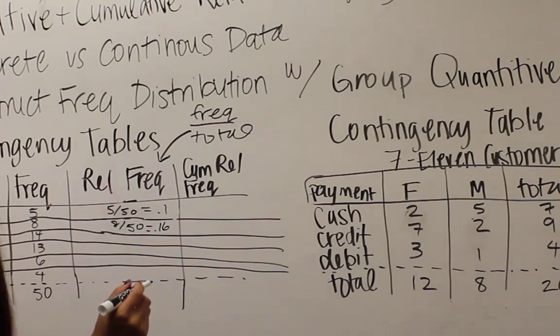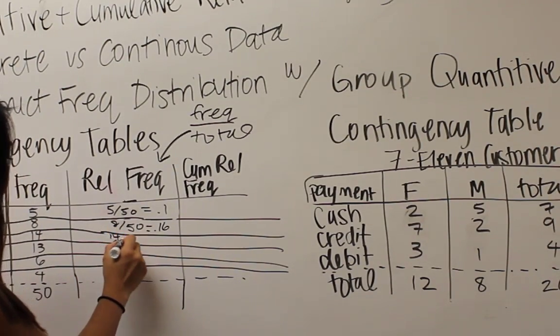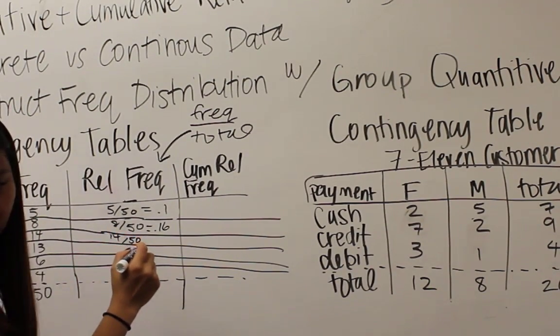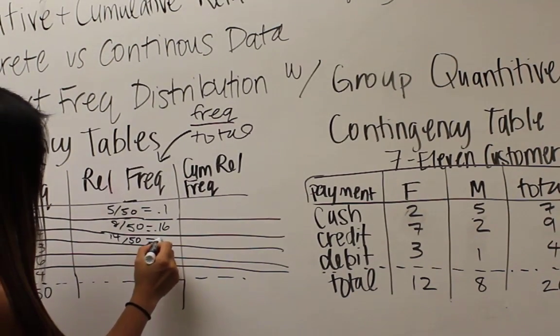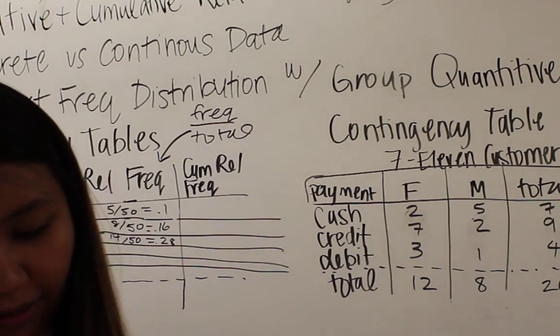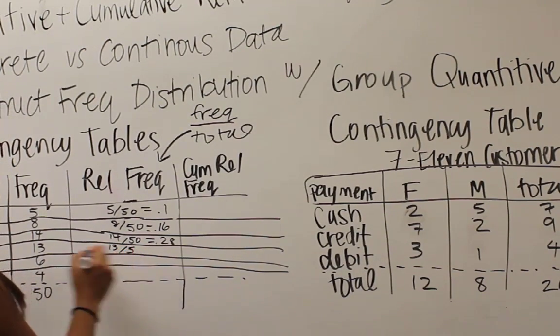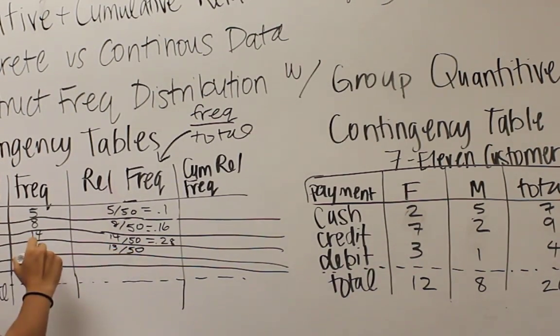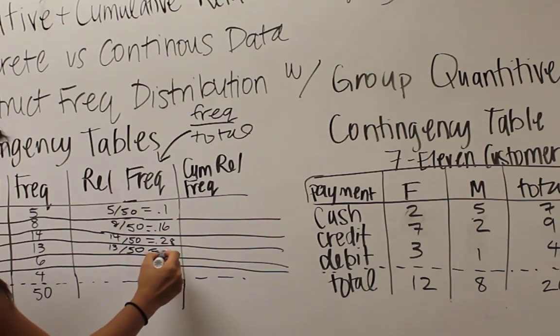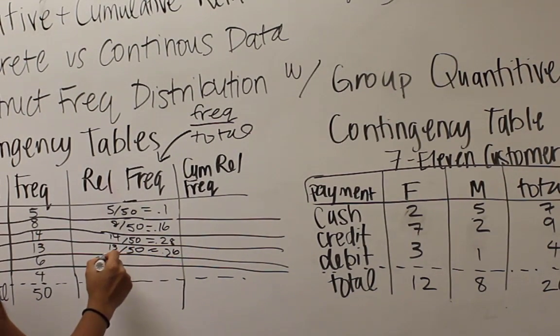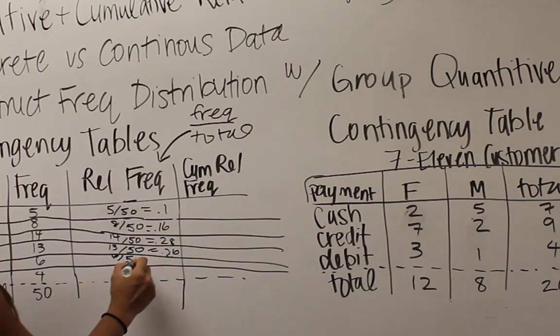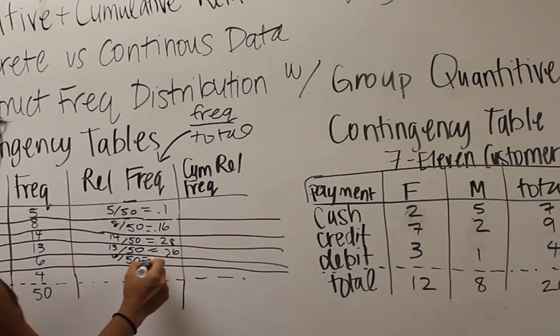And then it is 14 over 50, which is 0.28. And then 13 over 50, because the frequency of that one is 13, and that would be 0.26. And then 6 over 50, which is 0.12.